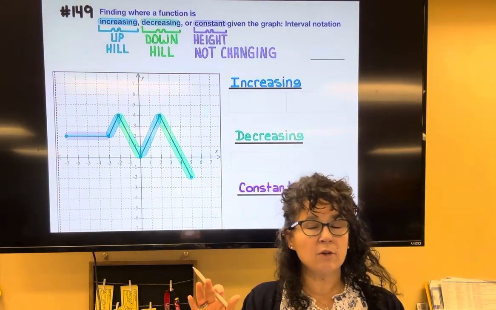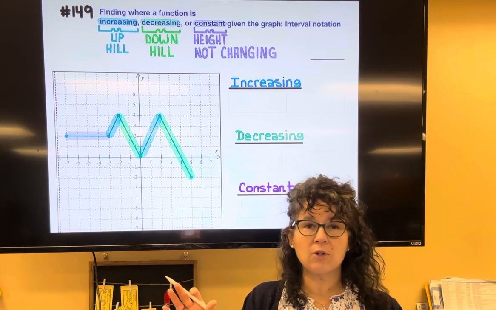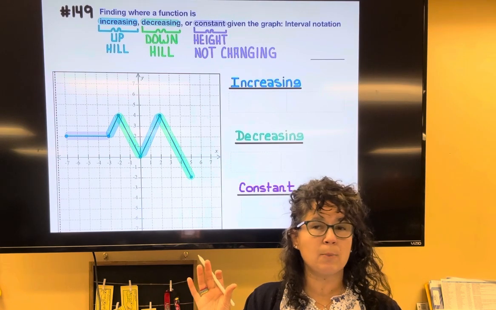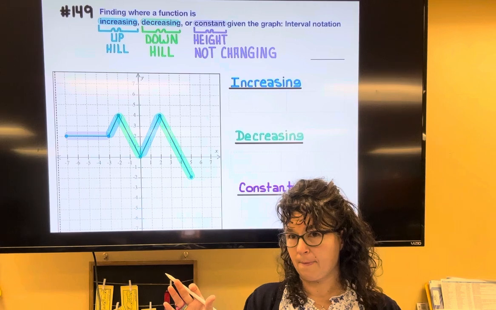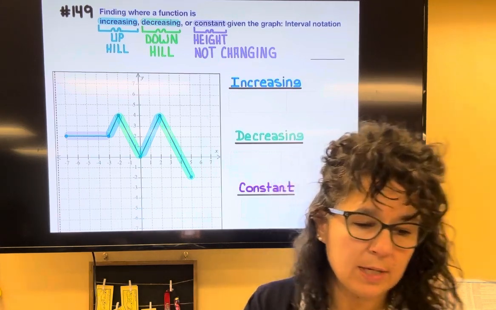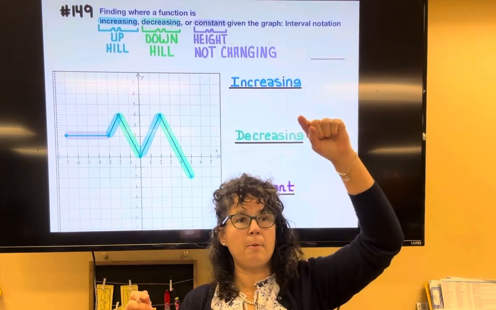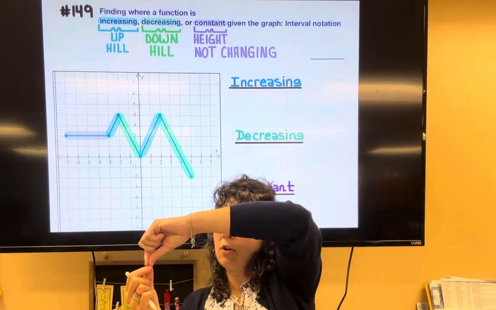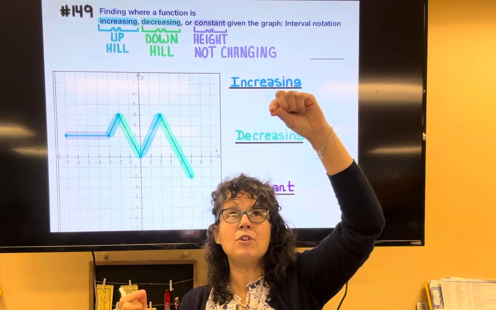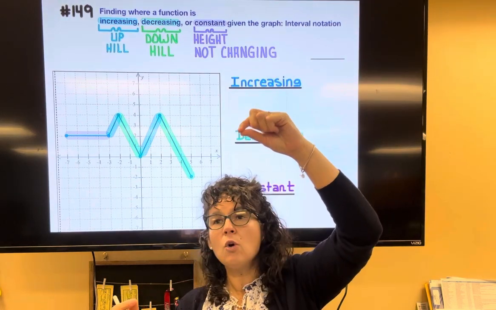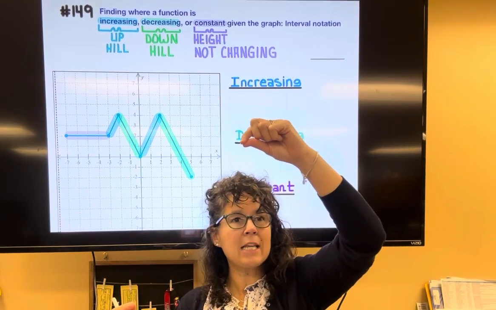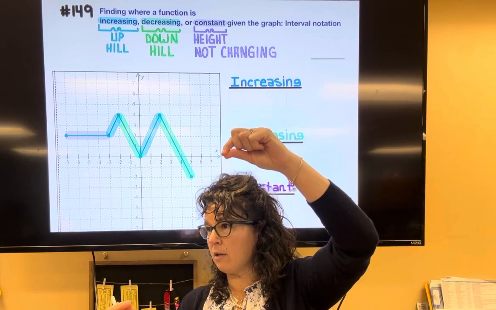When you list intervals for increasing and decreasing, you will always use parentheses. And the main reason is, think about if you get to the top of a mountain. You're going uphill, but when you get to the top of the hill, you're no longer going uphill, but you're not yet going downhill.